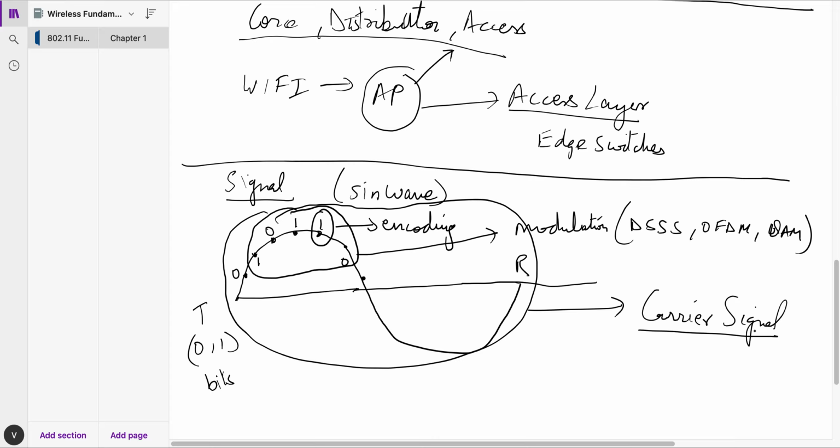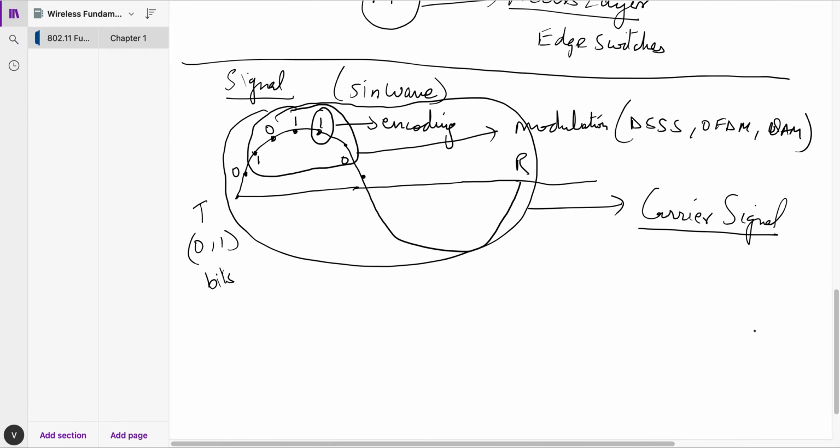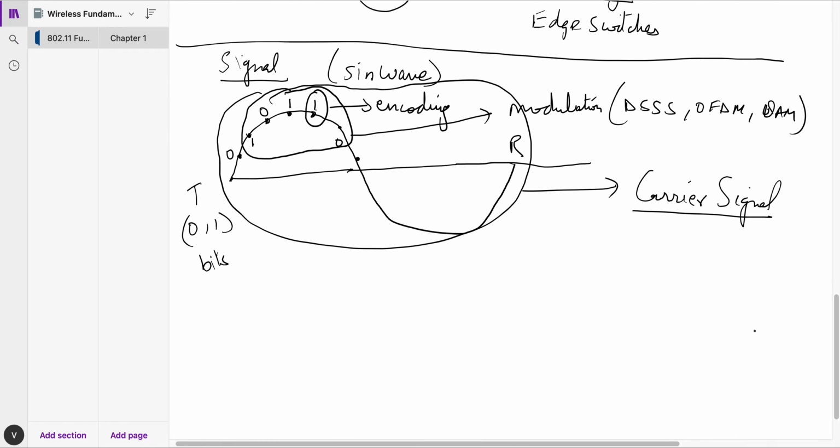How we adjust these bits is called modulation. And once modulation happens, the resultant signal is called a carrier signal. Now, this carrier signal is responsible for carrying data from the transmitter onto the receiver. Okay, now this is critical, and we're going to use this in future videos as well. So if you have not understood, then you can rewind and watch this once again.